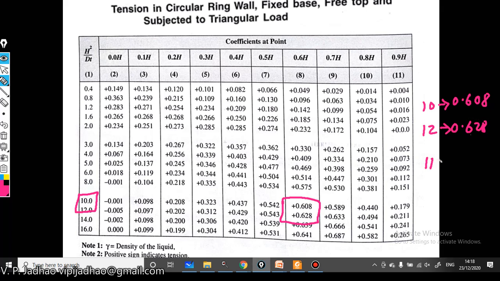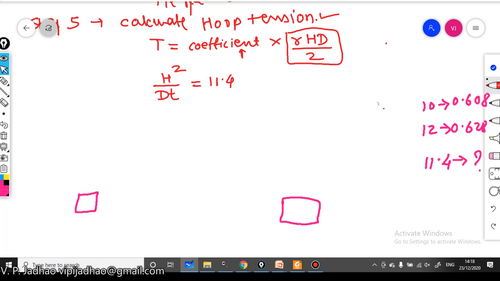So we have to calculate the value for 11.4, which can be calculated by using interpolation. Just go for interpolation, you will get the coefficient value equal to 0.622.